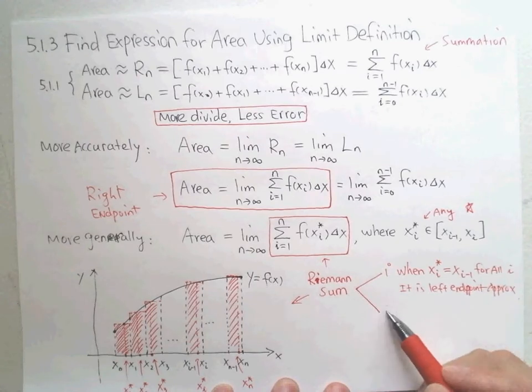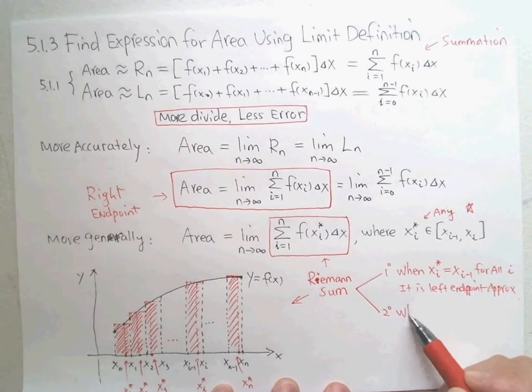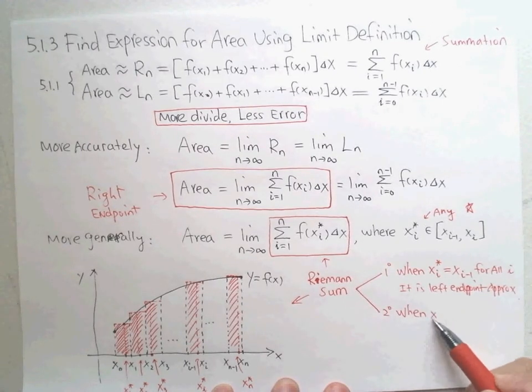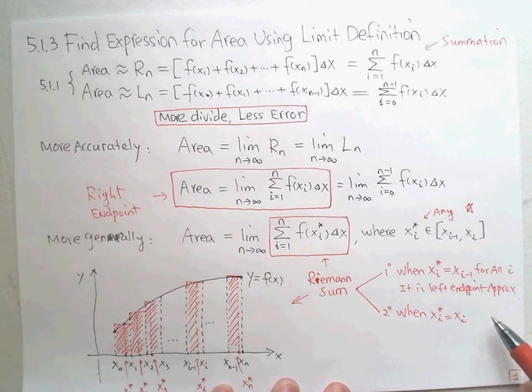point approximation. Okay, the second, if we pick this, we just discussed this, xi star is the right end point. We do this, of course, for all i.